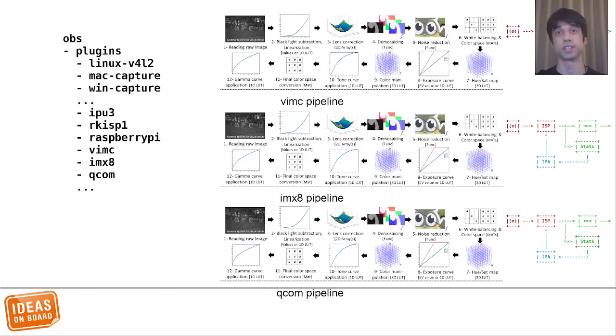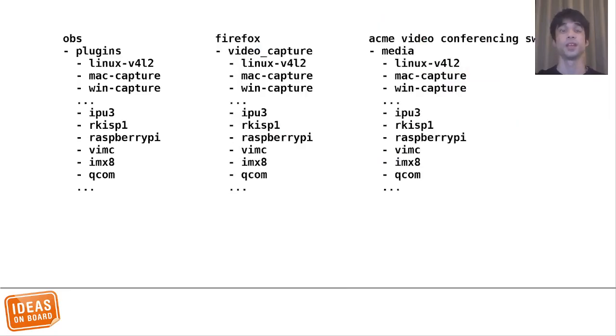All of this to get good quality images. None of these are optional. And every application that wants to support all of these different devices would have to duplicate the effort. This is clearly unrealistic, and that's why none of these applications actually support any devices with complex cameras on Linux.